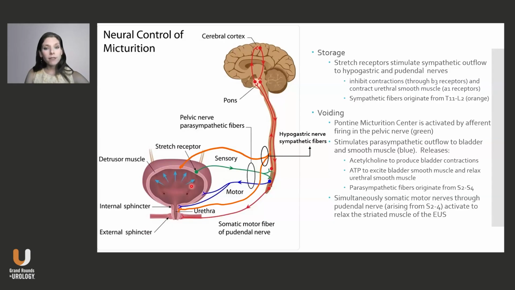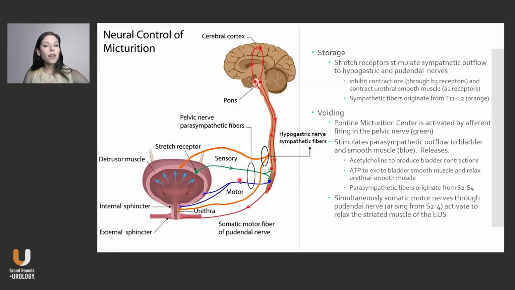During the voiding phase, we start to see an important role of the pontine micturition center, up here in the pons. This is activated by afferent firing in the pelvic nerves. That's what you see in the green here. And it stimulates parasympathetic outflow to the bladder and smooth muscle through these parasympathetic fibers. These originate between S2 and S4, and you can see them here in blue.